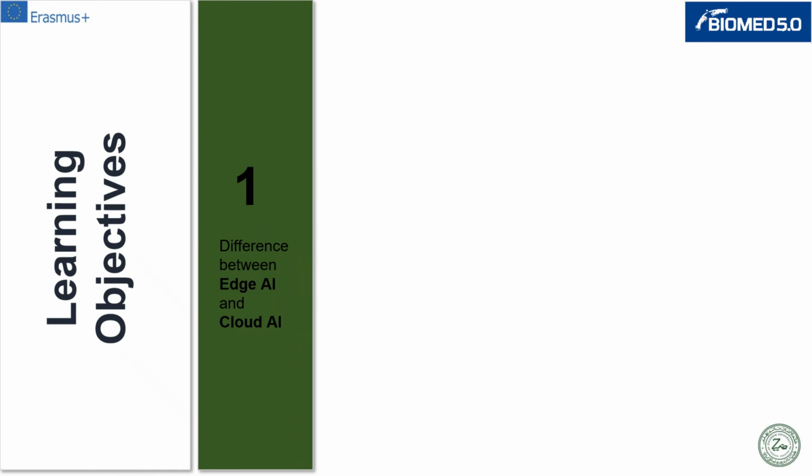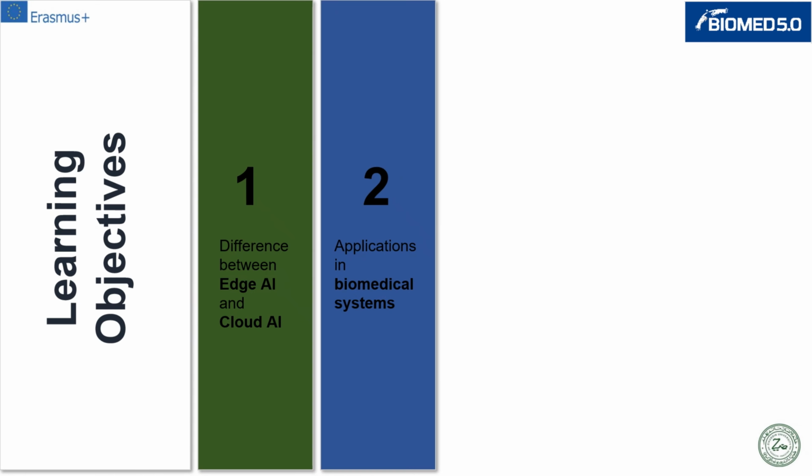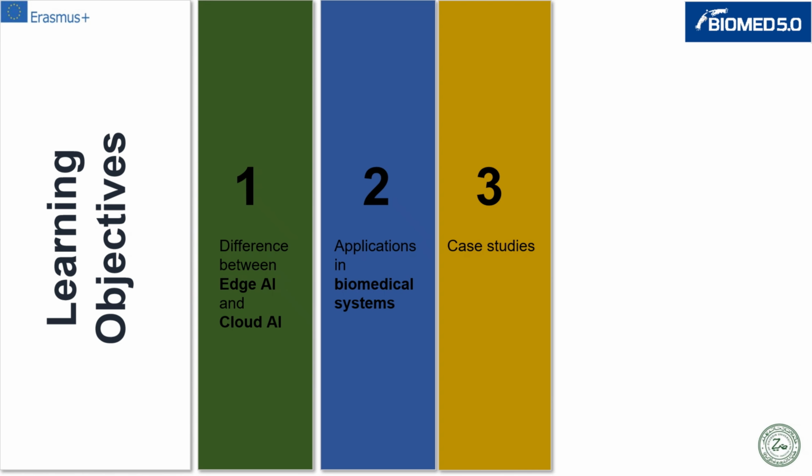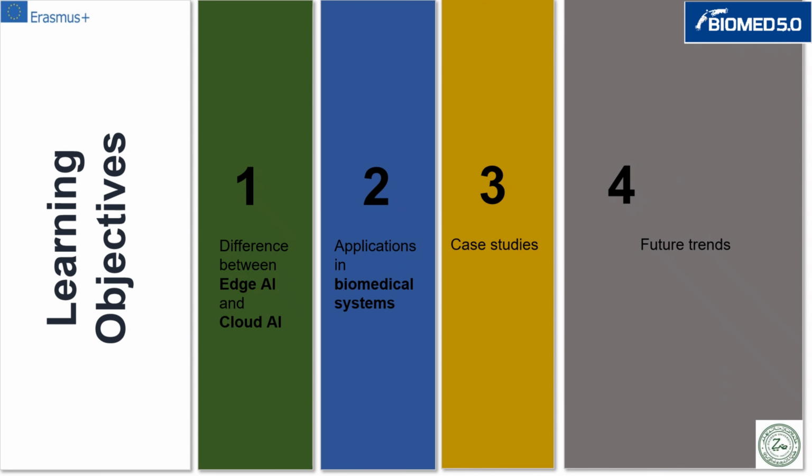By the end of this lecture, you should be able to understand the core differences between edge AI and cloud AI, explore how both are applied in biomedical technologies, learn from real-world case studies, and identify some emerging trends shaping the future of AI in healthcare.